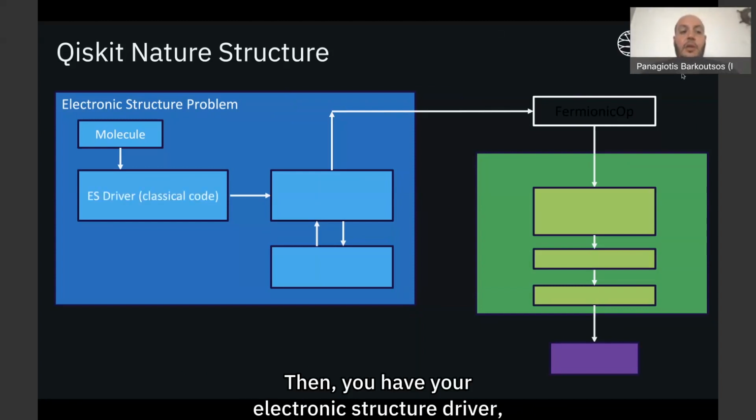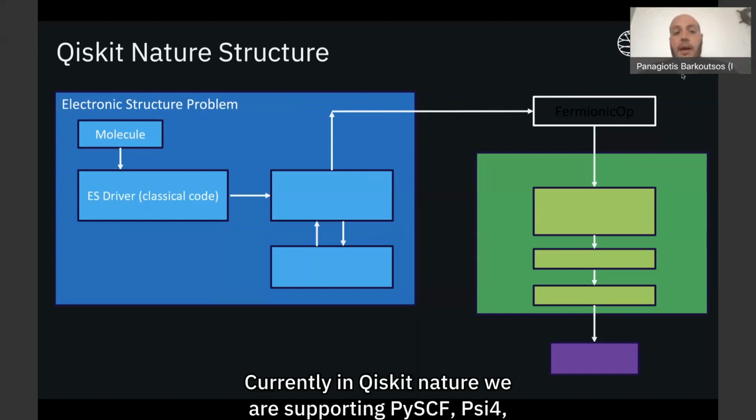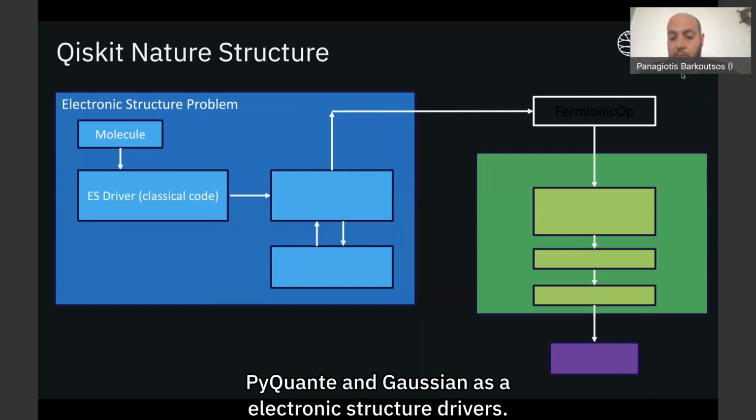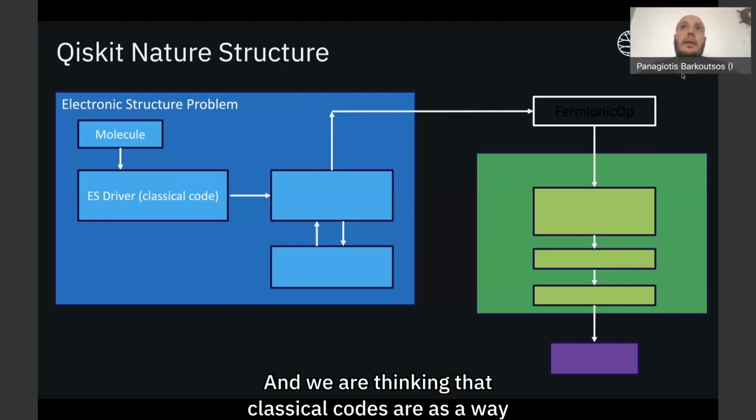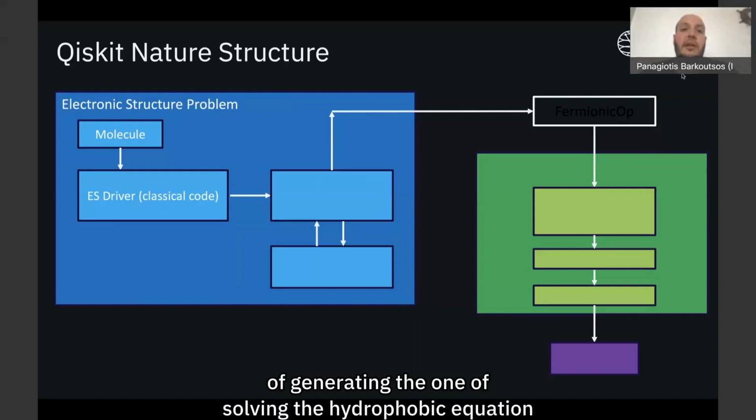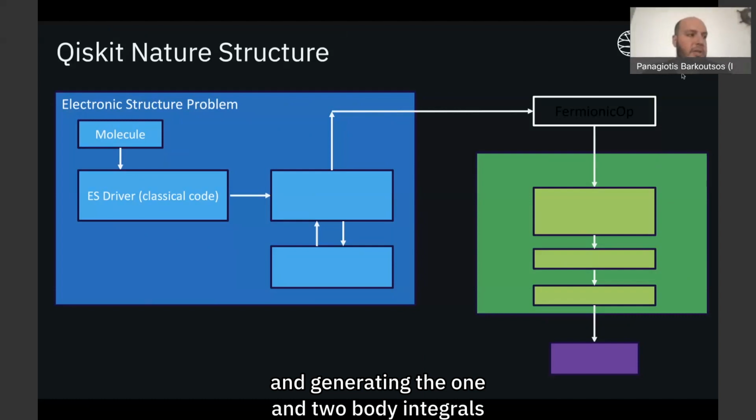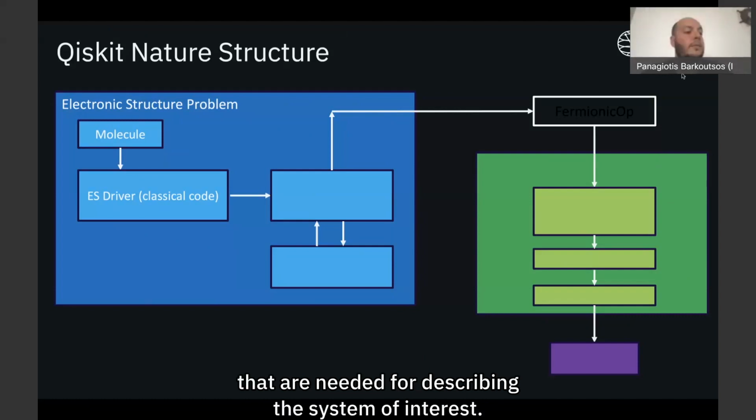Then you have your electronic structure driver, which is a classical code. Currently in Qiskit Nature, we support PySCF, Psi4, PyQuante, and Gaussian as electronic structure drivers. These classical codes solve the Hartree-Fock equation and generate the one- and two-body integrals needed for describing the system of interest.